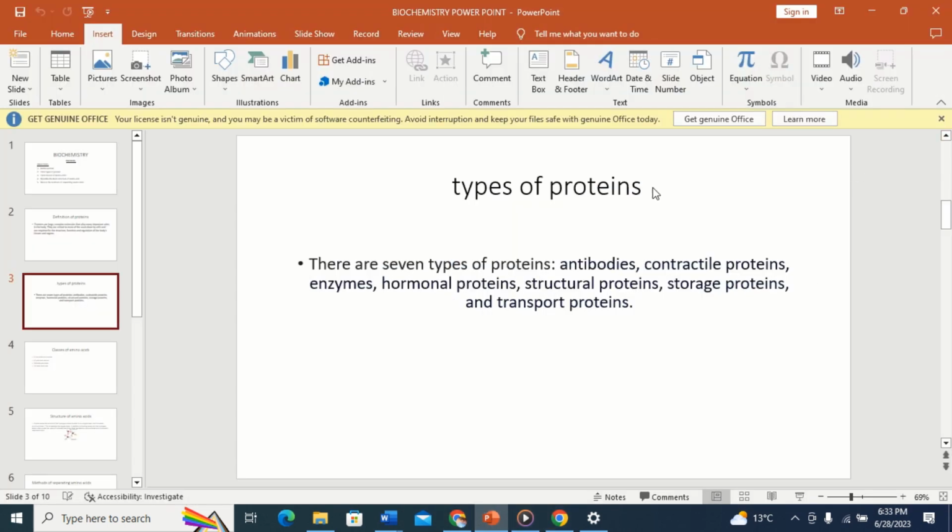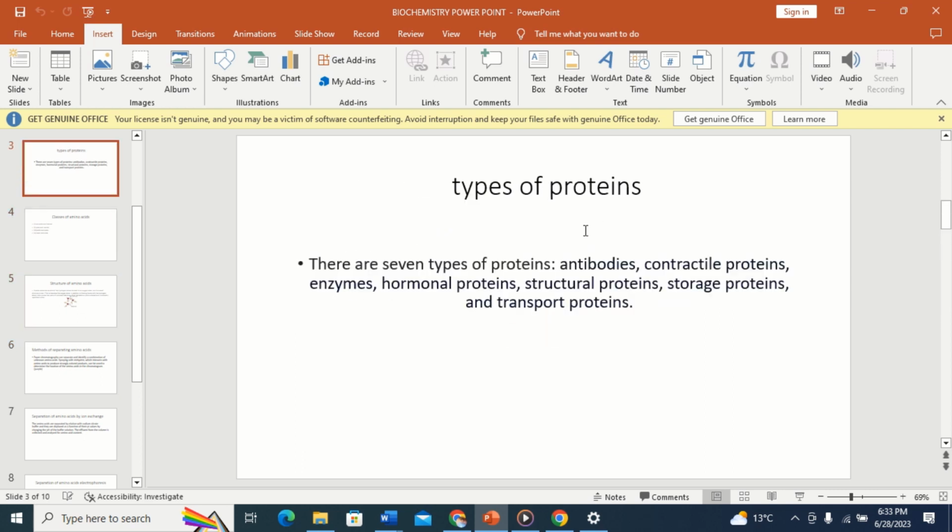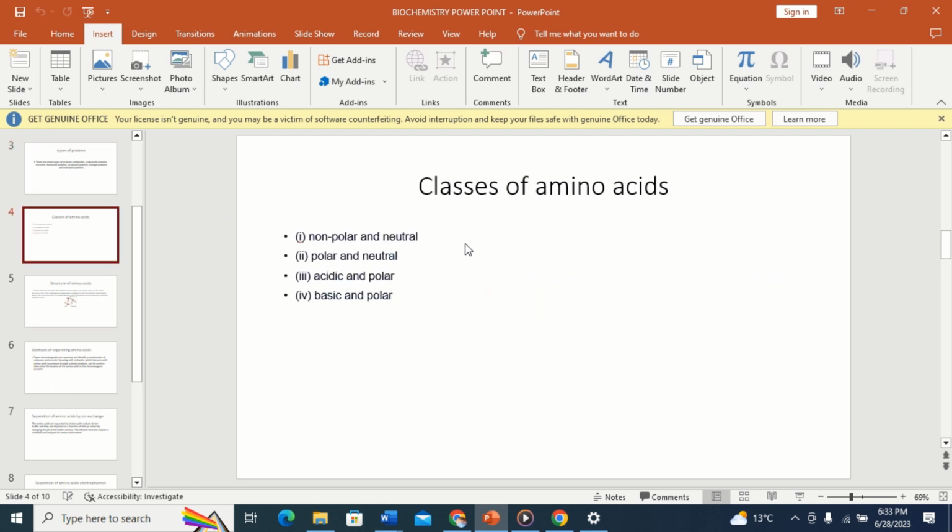That is what is made as per the functional classification of proteins. I also want to talk about the amino acids. Amino acids are very important because they are the building blocks of proteins.